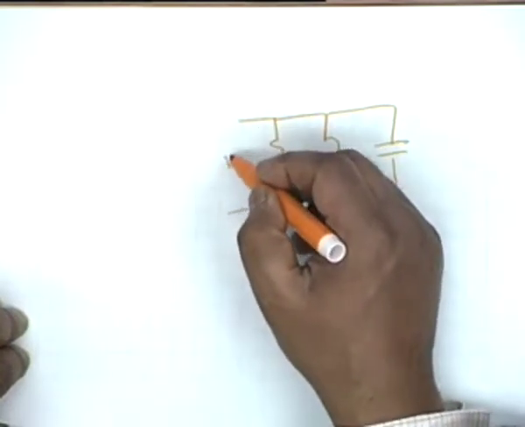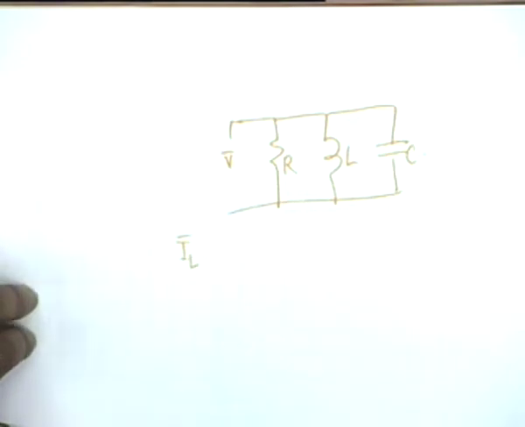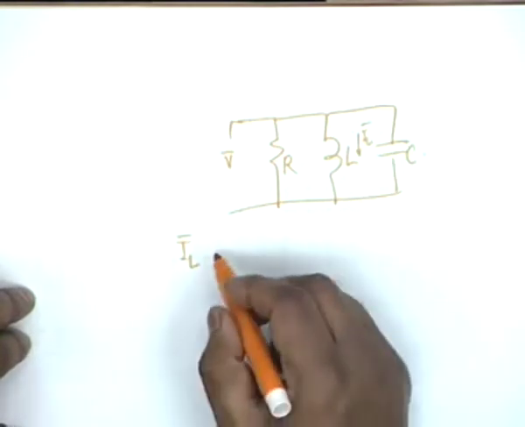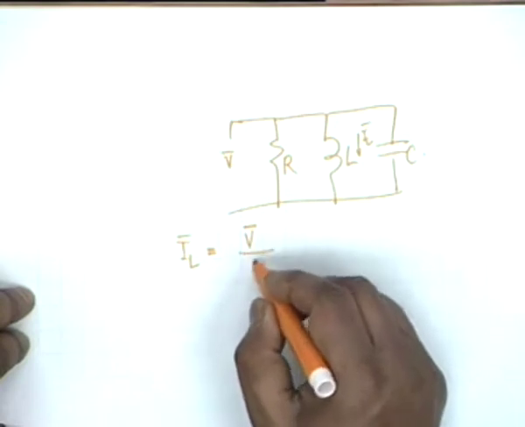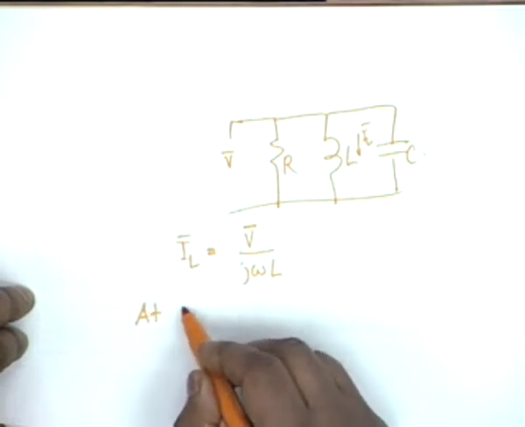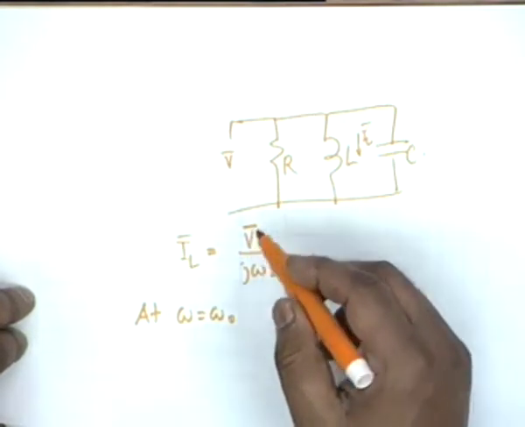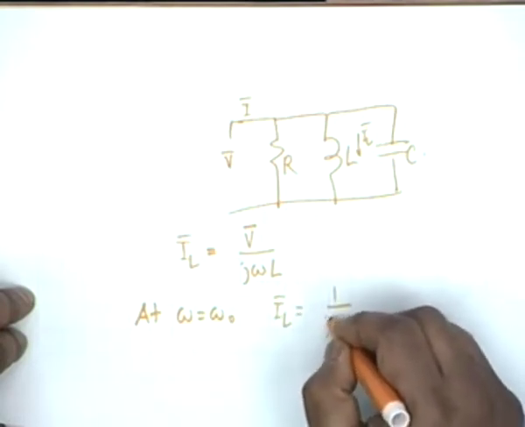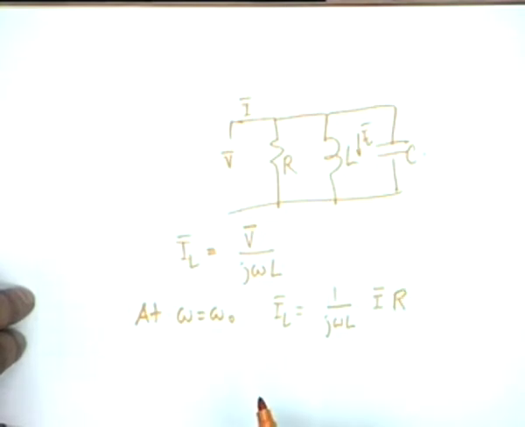in a very similar manner, if this is the voltage phasor, R, L and C, the current in, let us say, the inductor branch I sub L, or the current in the capacitor branch, you could take any, but let us take I sub L. The current in the inductor branch will be the voltage phasor divided by j omega L, all right, and at resonance, at omega equal to omega 0, the voltage is in phase with the total current I, and you know that I sub L bar shall be V over j omega L. This will be simply the I phasor multiplied by R, because the circuit is at resonance.